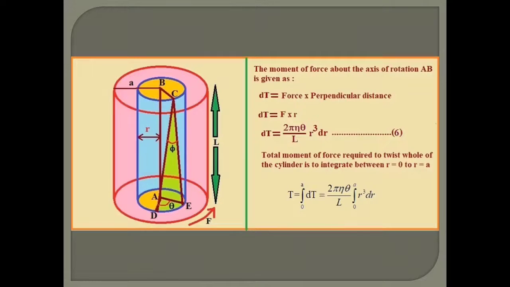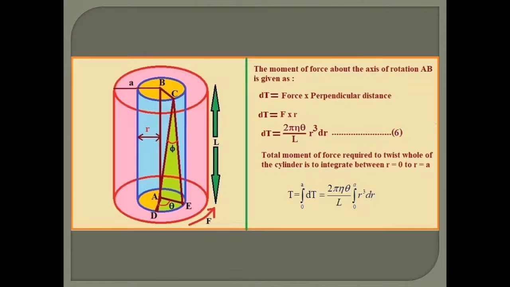From that, dt is equal to twice pi eta theta divided by L into r cube into dr. The total moment of force required to twist the whole of the cylinder is found by integrating between the limits r is equal to 0 to r is equal to small a.